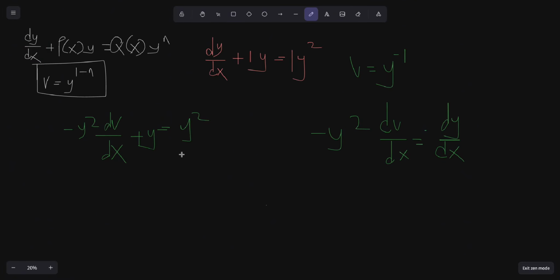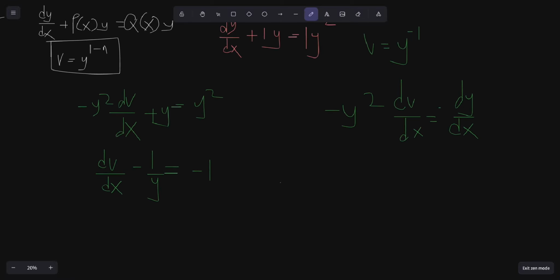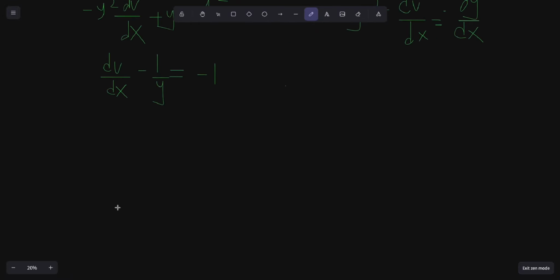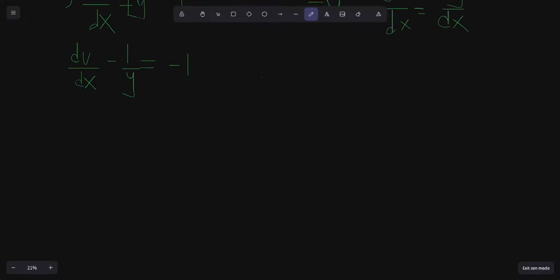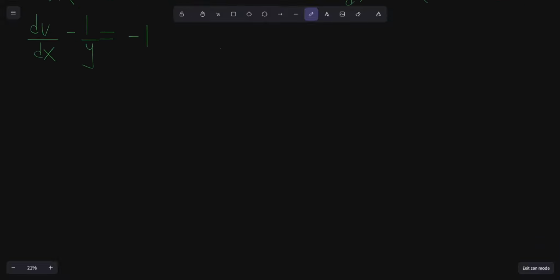So if I divide both sides by negative y squared, I get dv/dx minus 1 over y equal to negative 1. Okay, this looks good. And now notice how this is actually a linear differential equation.